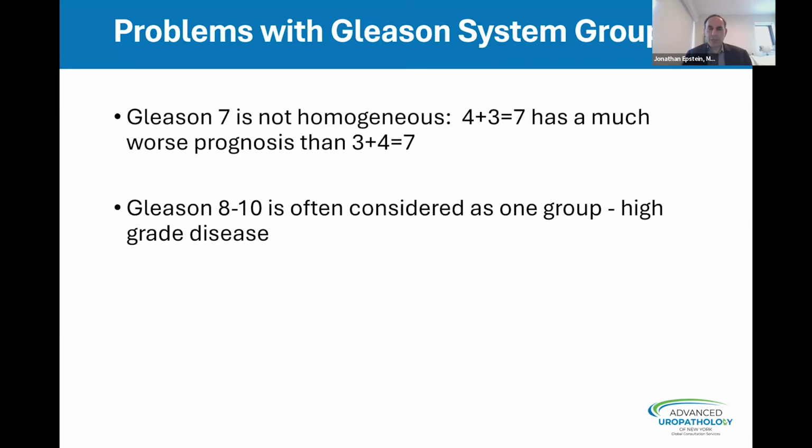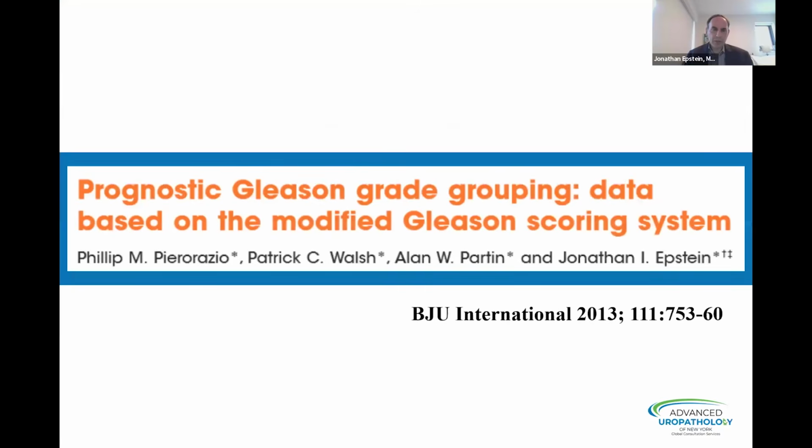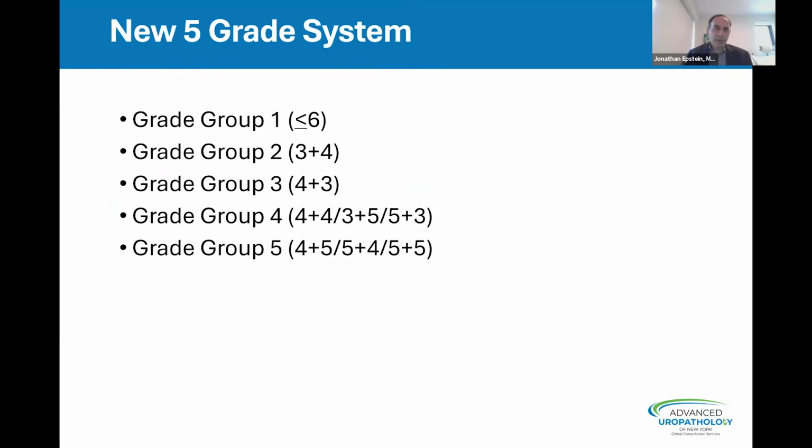Gleason score 8 through 10 are often just lumped together as high-grade disease, which, as I'll show you, is also incorrect.